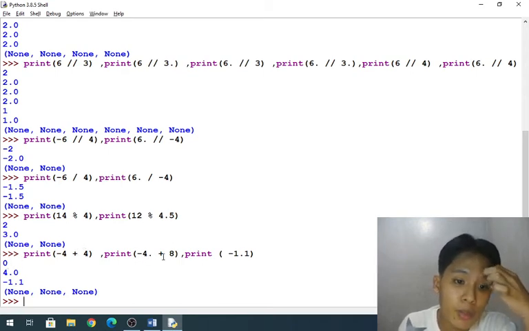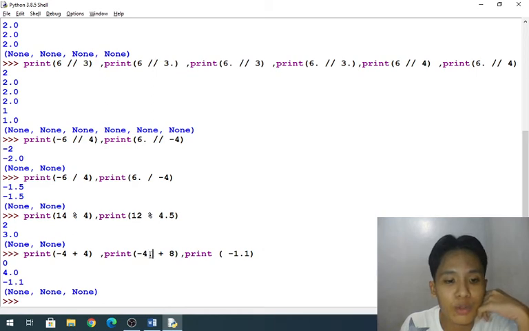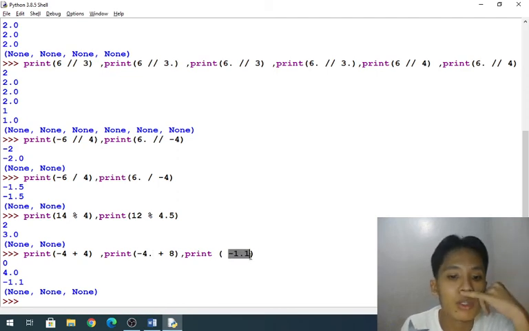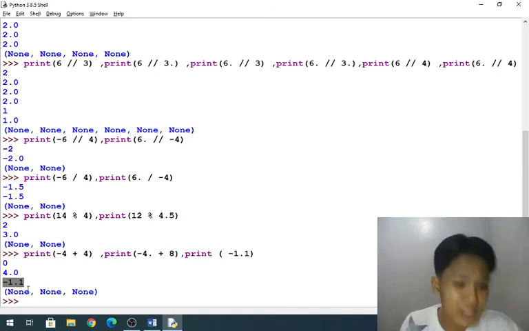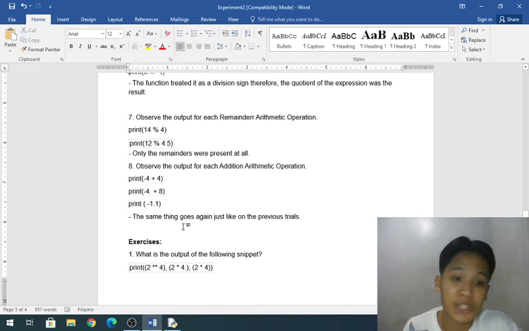Negative 4 point plus 8 is 4.0, because of the point, float to float. Negative 1.1 is just a single number with decimal, so it's also negative 1. And still the None is there, just like on the previous trial.